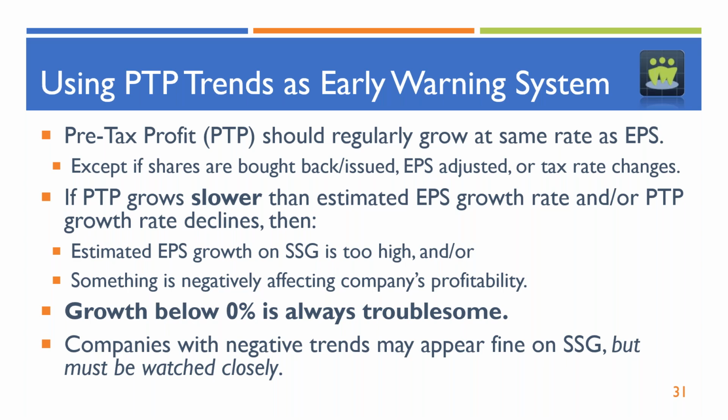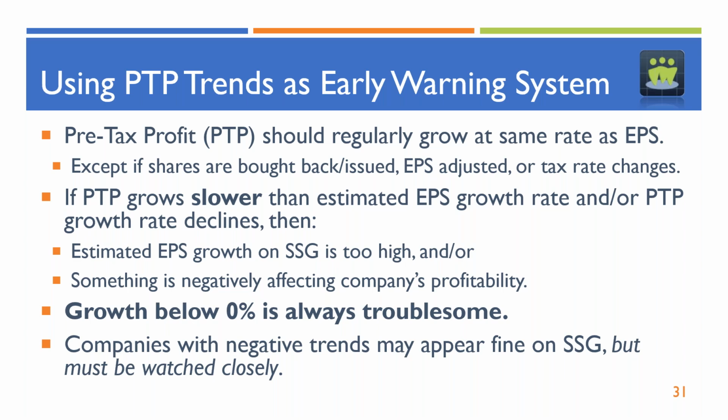So you might want to revisit your stock selection guide, look at analyst estimates, take a look at recent trends, and then figure out what the most likely conservative growth of earnings should be. There could be something negatively affecting the company's profitability.